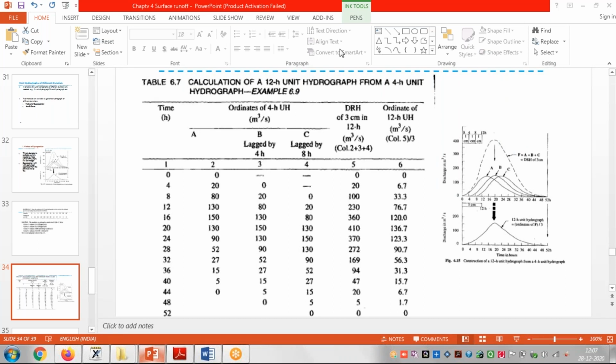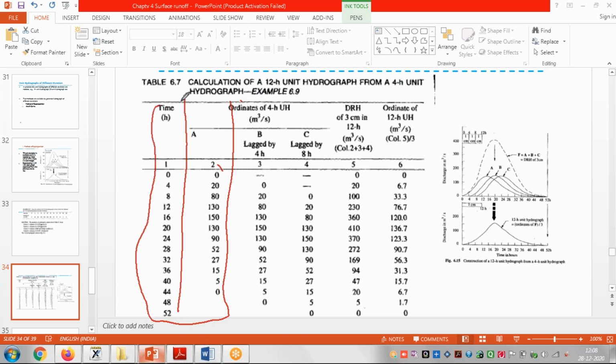When you see here, the ordinates given are first the time: 0, 4 hour, 8 hour, 12 hour. First column is our time, right? The next column has the ordinate data, and these two data are given for us.